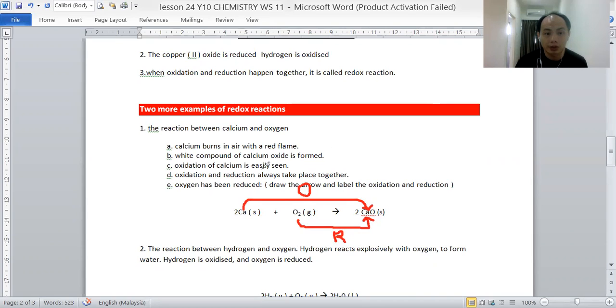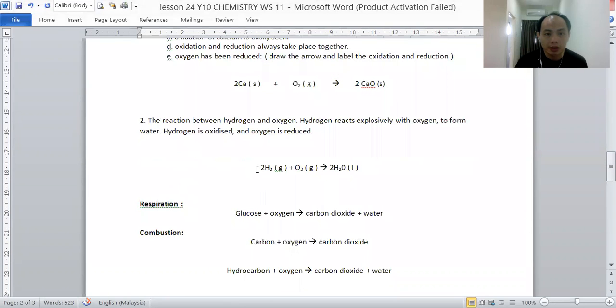That's all very simple. So oxygen has been reduced. Okay, we go down. The next example, H2 plus O2 become H2O. H2 become H2O, so hydrogen is oxidized. So it is oxidation. O2 is reduced. What does it mean by reduced? The next chapter, in the next lesson.